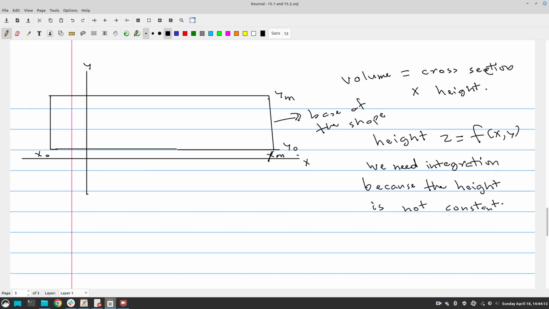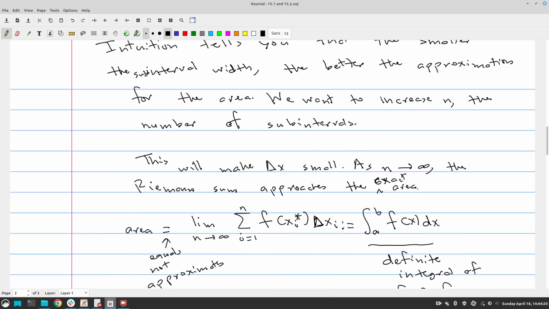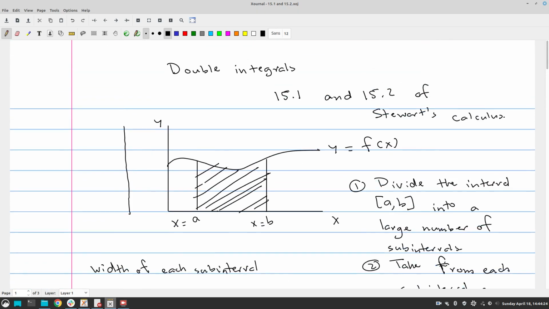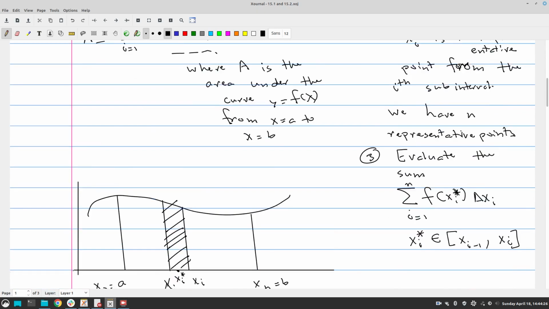But since the height is not constant, you do need integration. Now, the idea is similar to Riemann sums in one variable.